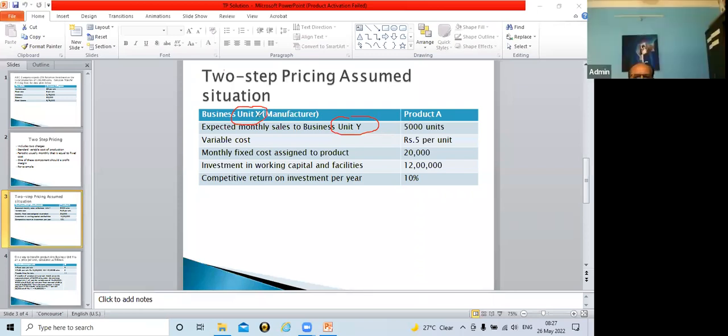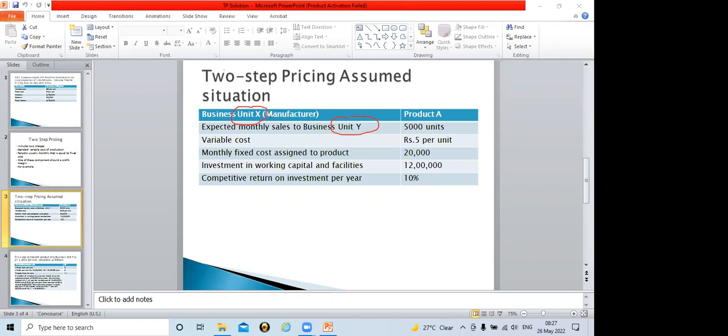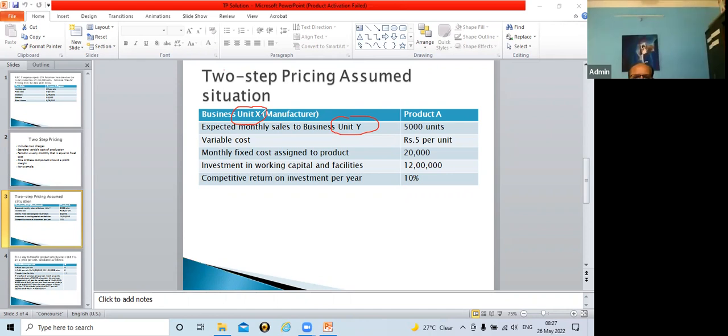And how many divisions are there? X and Y. These are the divisions, correct? Now, X has incurred these expenses, and at what rate should X transfer to Y? That we have to calculate. At what price should X transfer to Y?